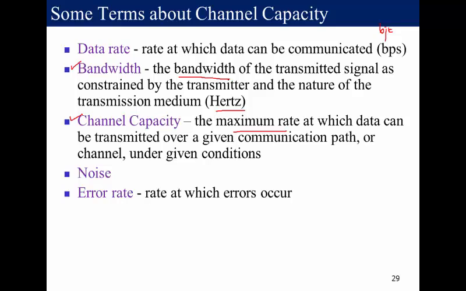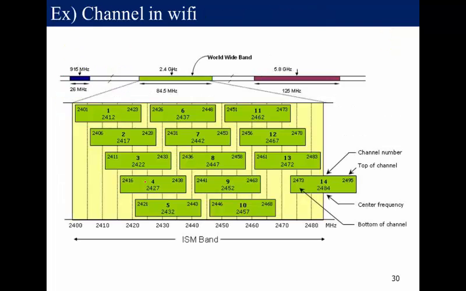The amount of data to be transmitted is not the same as channel capacity, because channel capacity is a maximum rate, right? Sometimes we can mix use. In your first homework assignment, I was asking about data rate or channel capacity. So you can calculate that. There is also noise, and error rates. You can think of all of those.